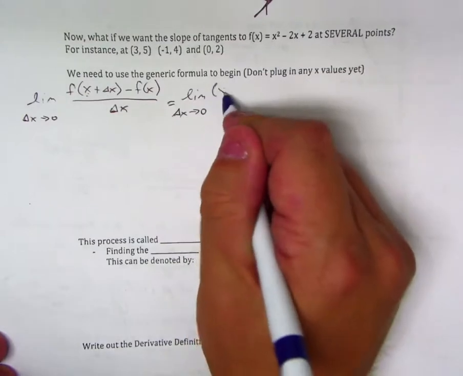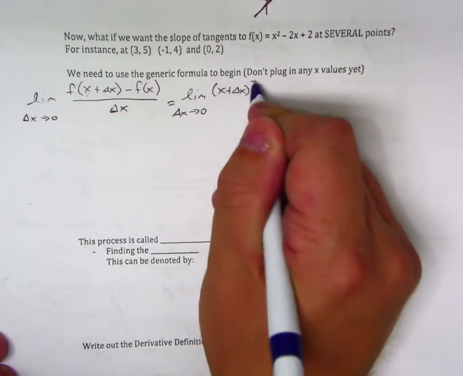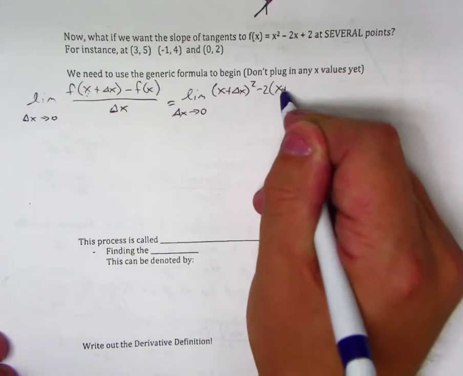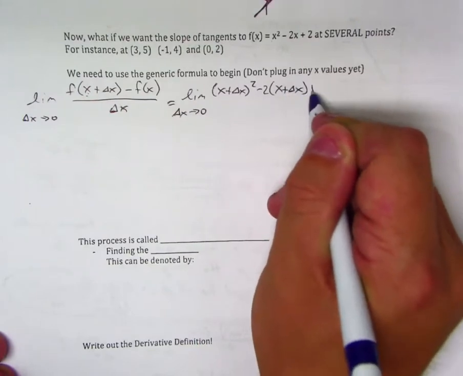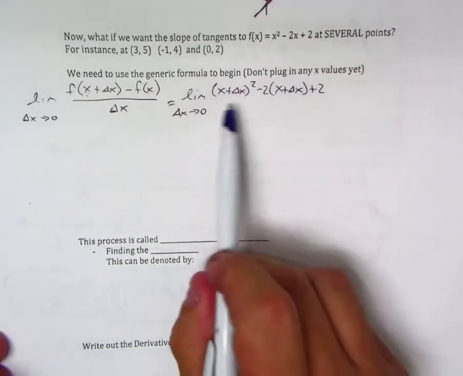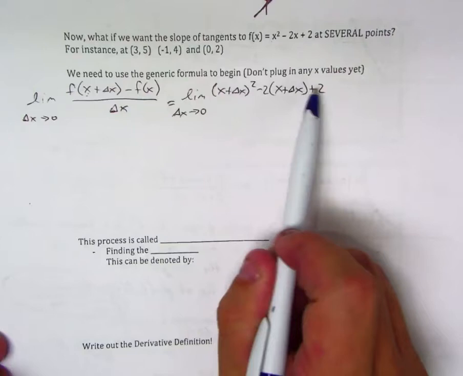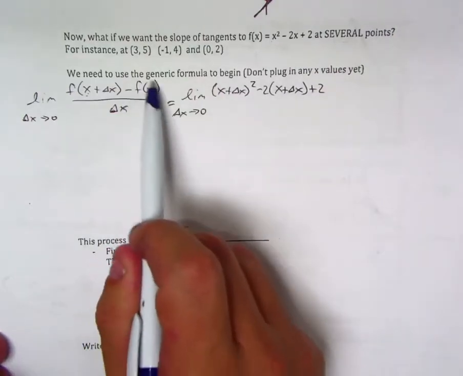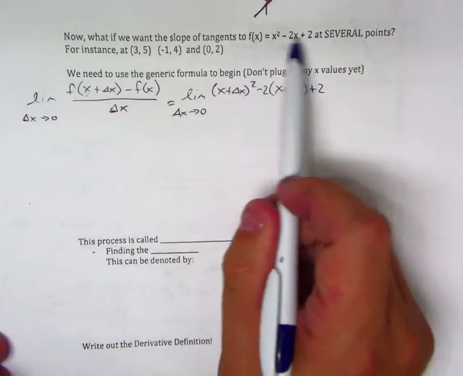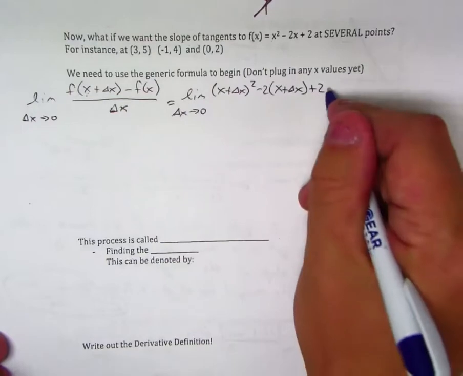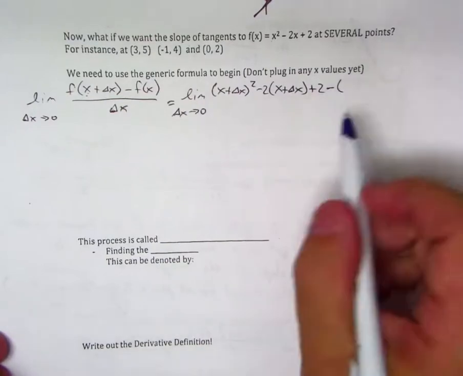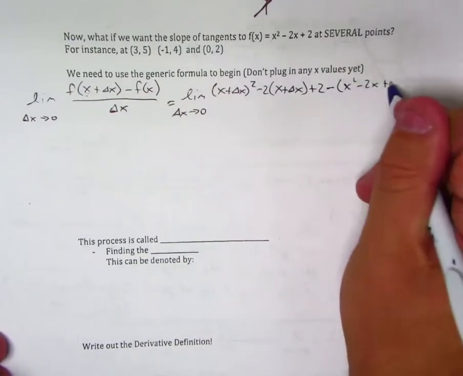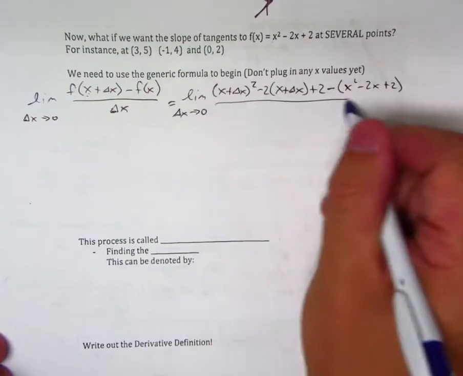So you're going to have (x plus delta x) squared minus 2 times (x plus delta x) plus 2 on the end. So this is what f of x plus delta x is. Obviously, we're going to have to clean this up. Minus the function itself. So minus this whole function. Minus parentheses, we're going to put the whole function in parentheses, x squared minus 2x plus 2, all over delta x.